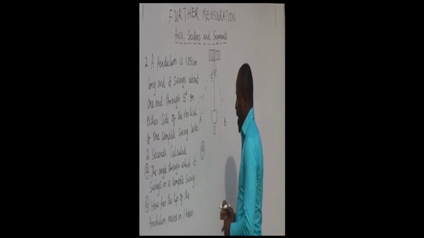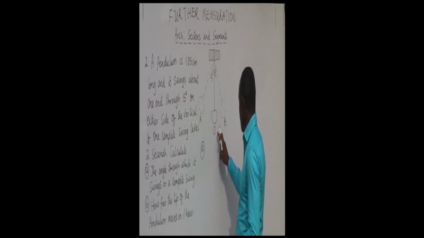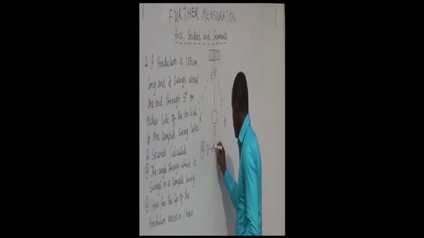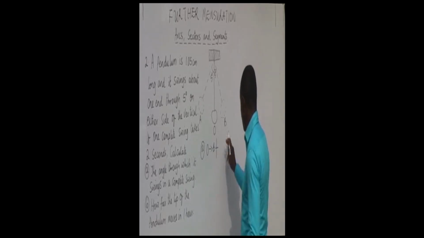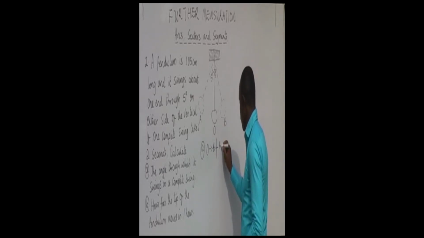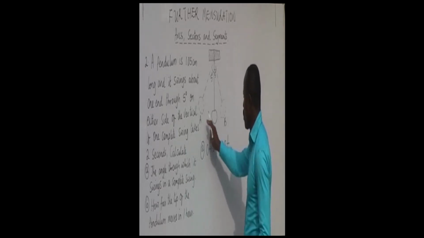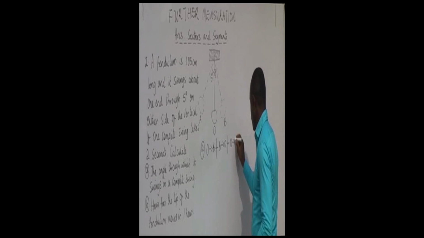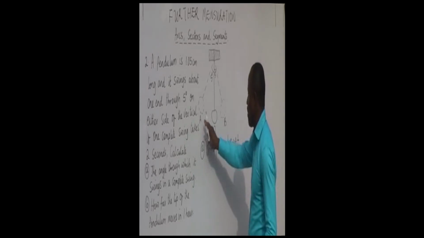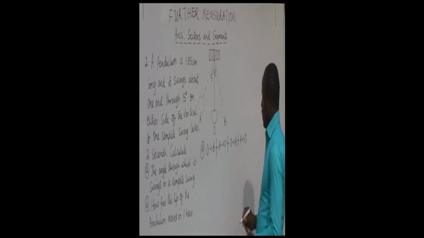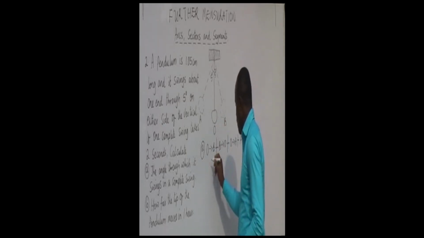The complete swing will take from here to here, from O to B, plus from B back to O, plus from O to A, then plus from A back to O. From O to B is 5 degrees.